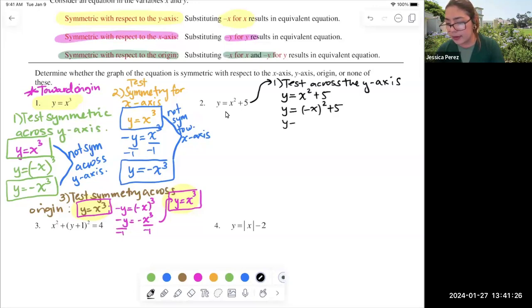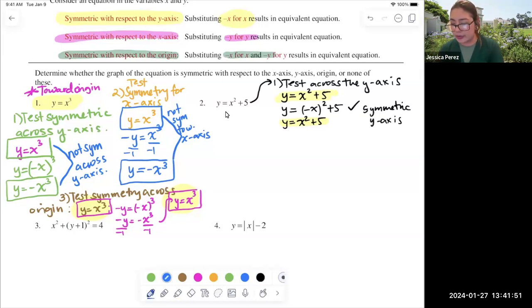So this is y equal x squared plus 5, because if I square it, I still get the same answer. So see how these are the same? So then check. So this is symmetric towards the y. And we know how an x squared plus 5 looks like a u. So it's symmetric across the y.